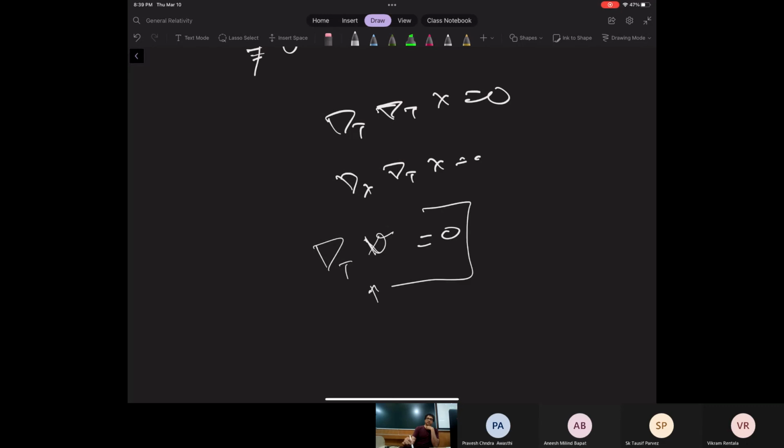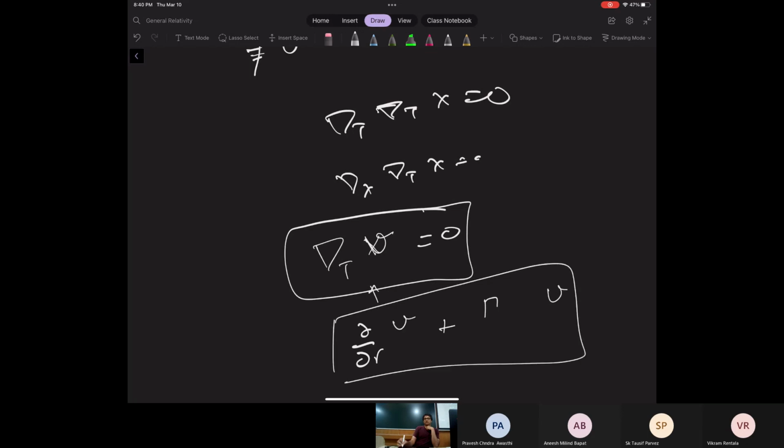What you want is this is zero, but this has the parallel transport part in it. It has a partial r, but also has a gamma in it, acting on v. So this combination is zero, right? So it's not that this v is just going to be r independent. I think v will be theta independent because of the symmetry, but v will not be r independent.